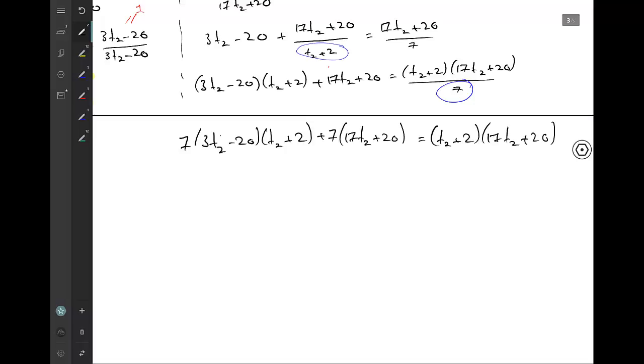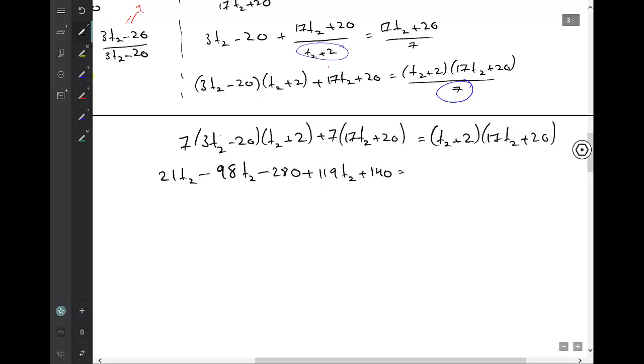I would suggest at this point pausing the video and doing that yourself, if you like. Okay, so if we go ahead and expand that, we should get, I believe, 21t2 squared minus 98t2 plus, nope, still minus, minus 280 plus 119t2 plus 140 equals, and then this side 17t2 squared plus 54t2 plus 40.